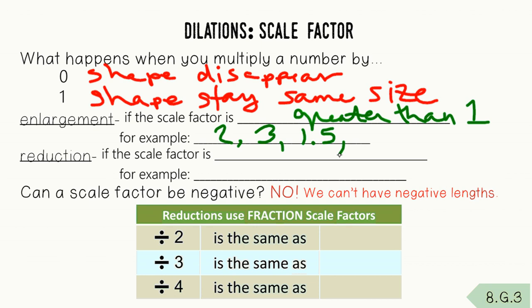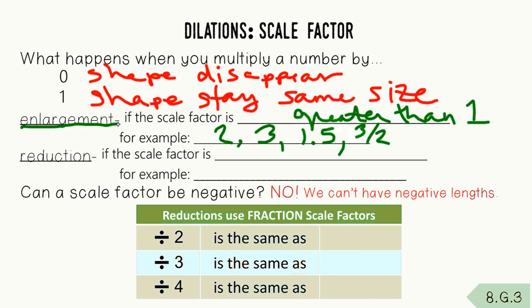That's an enlargement. I could also multiply by a fraction, just 3 over 2, which is also 1.5, is greater than 1. It would cause an enlargement. So I want to make sure that we understand that we don't have to multiply by whole numbers. Anything greater than 1 is going to cause an enlargement.